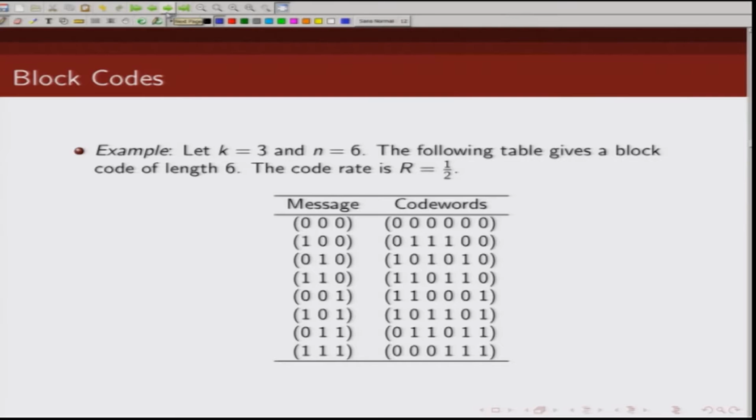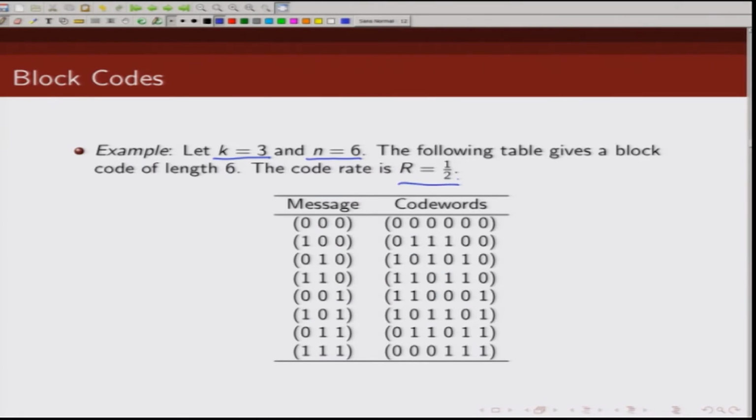Let us consider an example of a linear block code. In this example the number of information bits is 3 and the number of coded bits is 6. So the code rate, the ratio of information bits to coded bits, is 3 by 6, which is half.